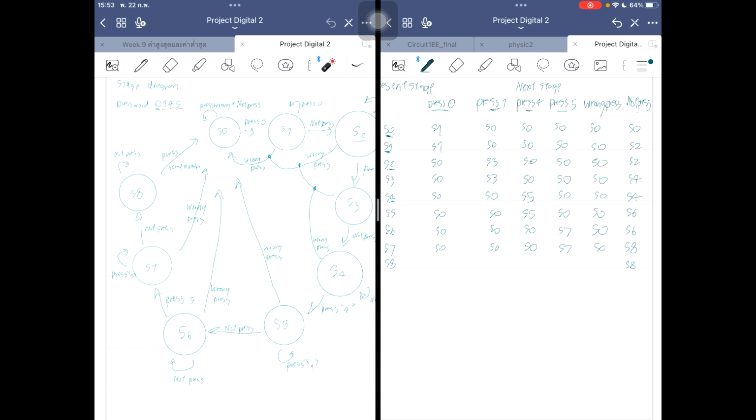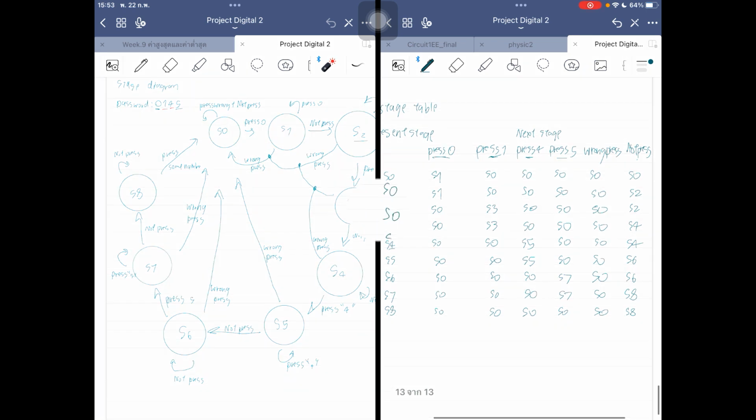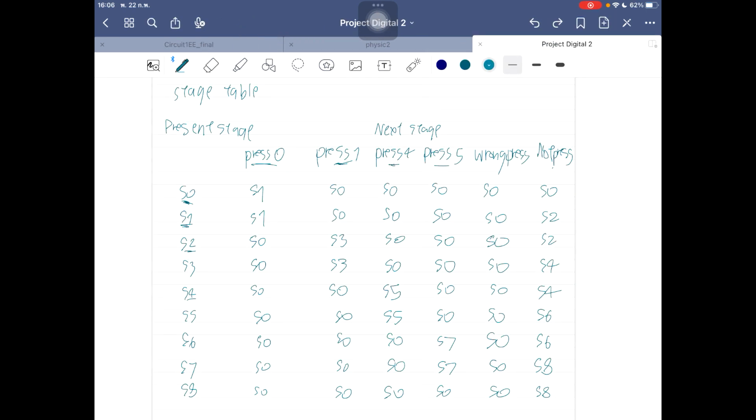And from the diagram that we want, press some number, they will go to the state 0, like this. And this is all of the state table. Then we will talk about state assignment.